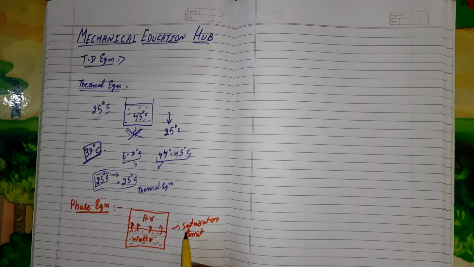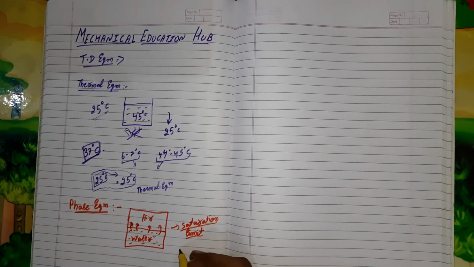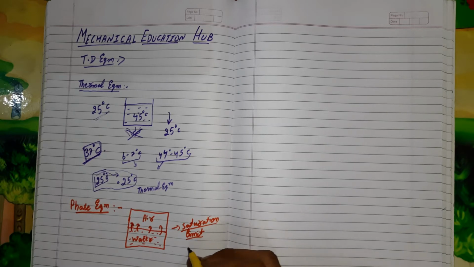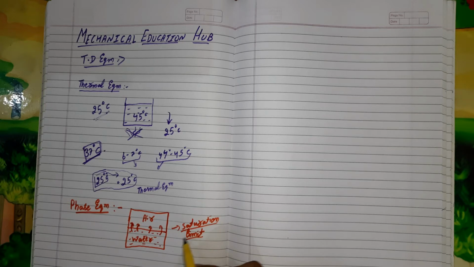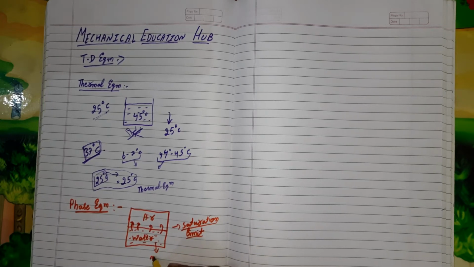After attaining that saturation limit, there is no tendency left for air to absorb water, or there is no tendency in this system to convert this liquid form of water into the gaseous phase. At that saturation limit, we have a fixed mass of water.